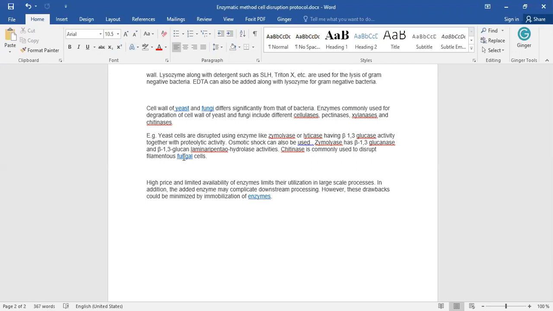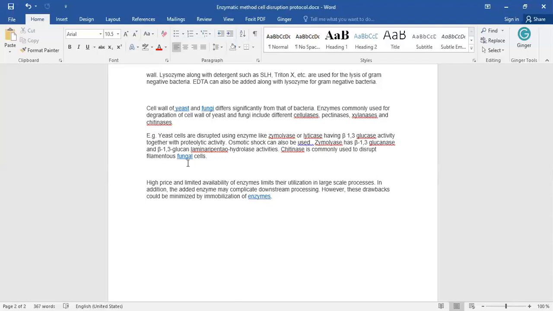For example, yeast cells are disrupted using enzymes like zymolase or lyticase. What do zymolase and lyticase do? They cleave the beta-1,3 glucan, and they have some proteolytic activity, which results in the disruption of the yeast cell wall.